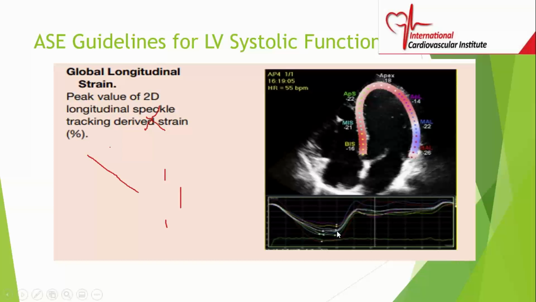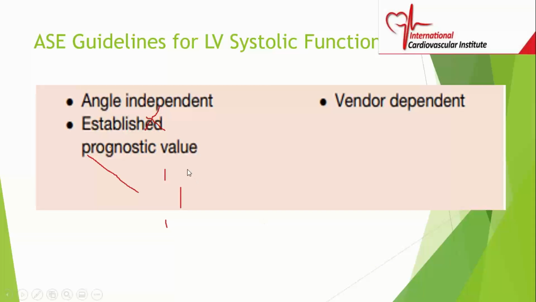When the heart contracts, in order for the heart to be very efficient, all the segments should contract at the same time. If the segments are contracting at different times, then the heart is not going to be efficient as a pump. And you can see some of these peaks are not at the same time.